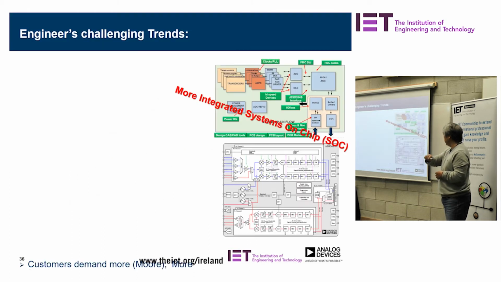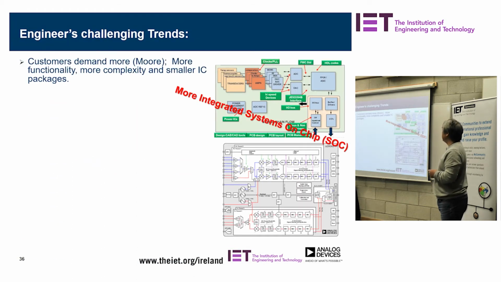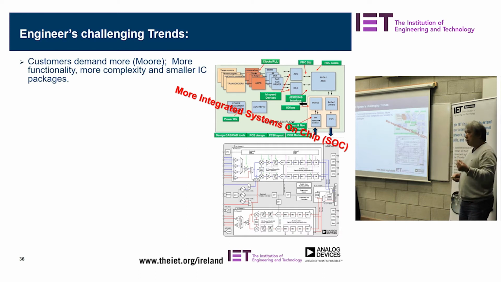Okay, so we look at the challenges. It's always defined by the customer. They want more and more functionality, and as the silicon geometry goes down, you compact more functionality in there. So here's one of the designs, called a software-defined radio, in one of those chips. Very highly complex.